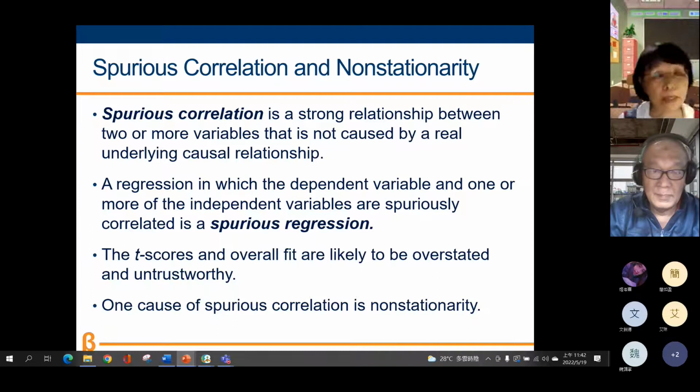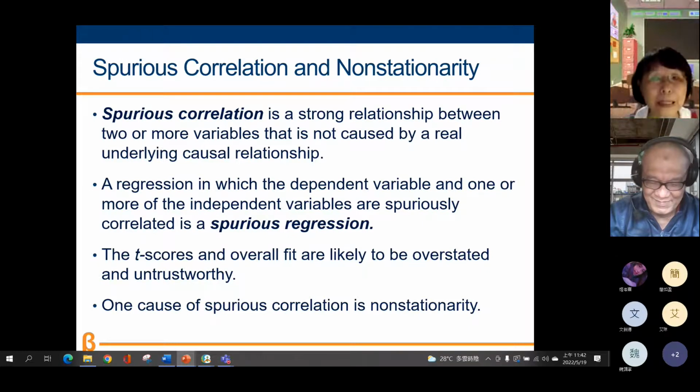Okay, what do we mean by spurious correlation? A spurious correlation is a strong relationship between two or more variables that is not caused by a real underlying causal relationship. In other words, if we do a regression, we usually have a set of x variables and a y variable.